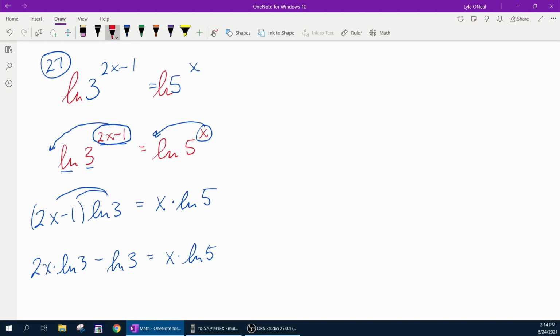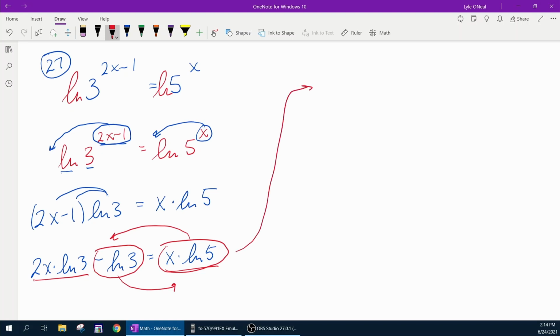Now notice at this point I have two terms that both have an x. What I need to do is I need to get them both on the same side. So I'm going to bring the x natural log of 5 over this way, which means I'm also going to need to bring the minus natural log of 3 this way, since it doesn't have an x. Now what is that going to give me? I'm going to have 2x times natural log of 3.